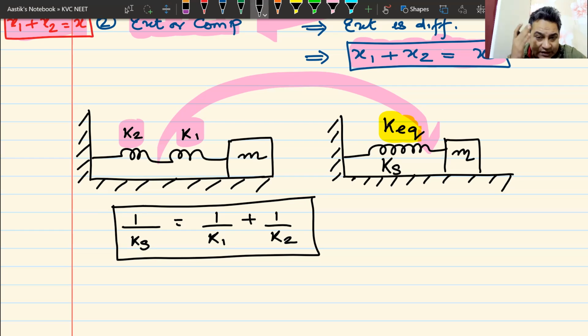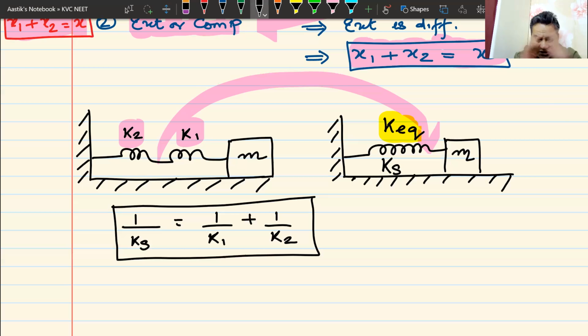Instead of thinking K2 as a second spring, you can think of K2 as a resistor. So these 2 resistors are in series. What is the equivalent resistance? In that case, the answer is R1 plus R2. In this case, the answer is the opposite of it. 1 by K equivalent or 1 by K series is 1 by K1 plus 1 by K2.